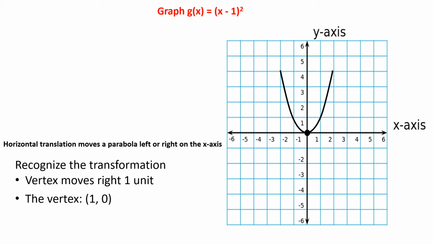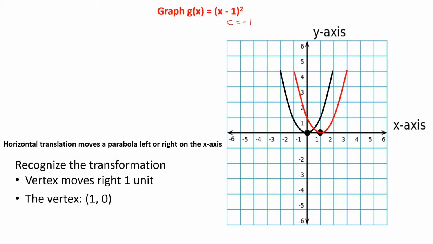In this case, c is the negative 1, and so it's going to move to the right 1 unit. We've moved our whole parabola, and we have now graphed it, which is what it asked you to do.